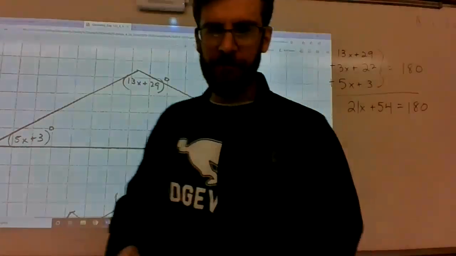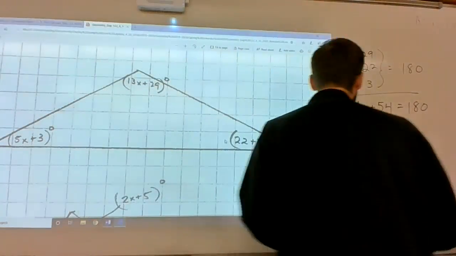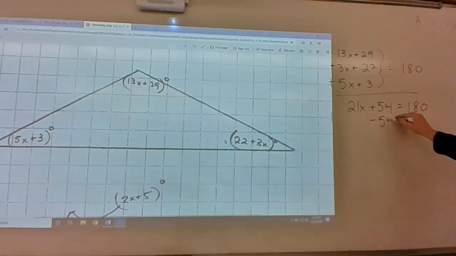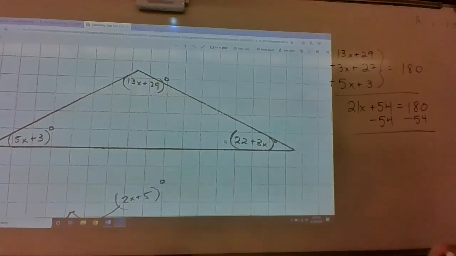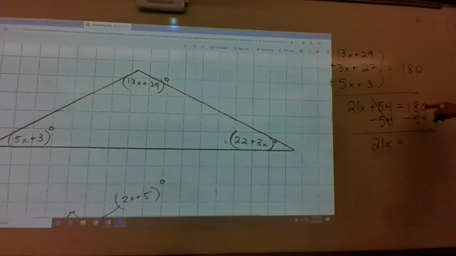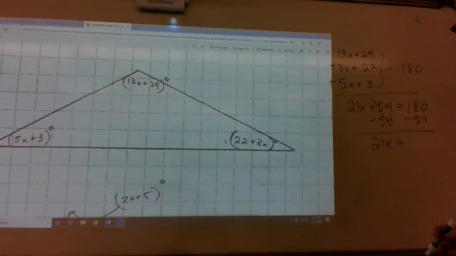Equals 180. Let's see if you guys can see that. Looks pretty clear to me. Then we got a pretty simple equation to solve. Minus 54, minus 54. 21x is equal to, all right, so 180 minus 50 is 130. Take away 4 more, you get 126.